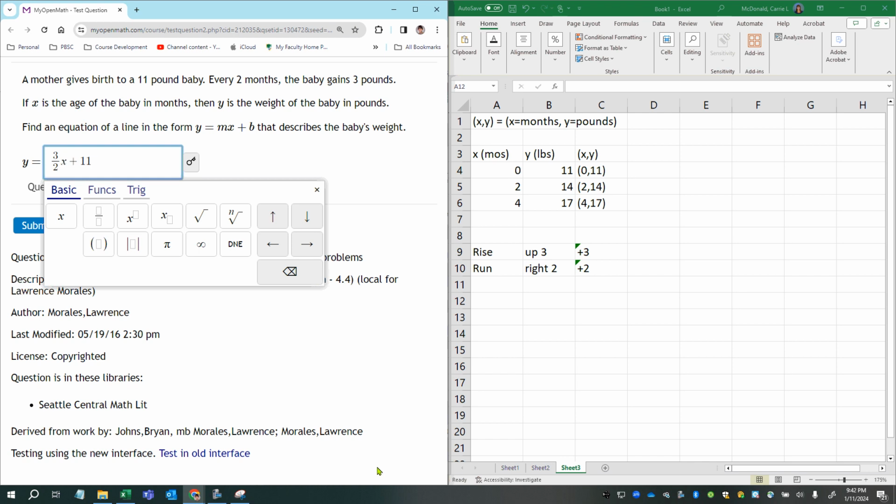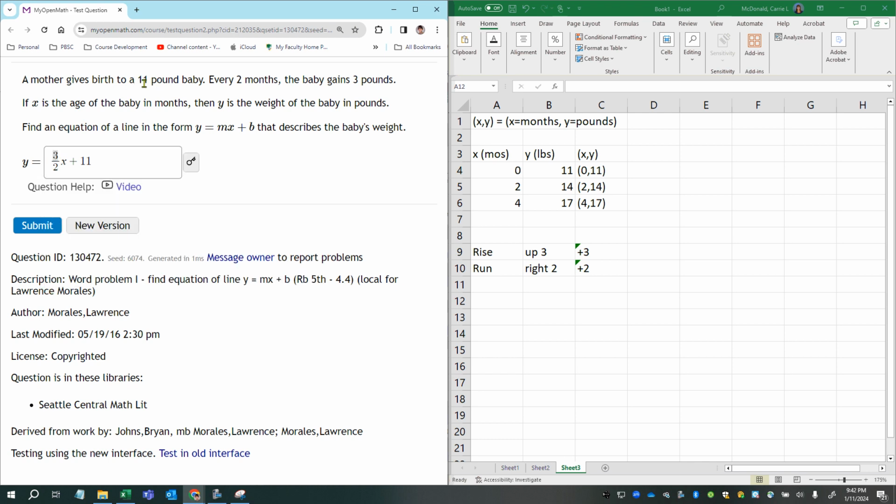Okay. You can also notice that if the pounds are the rise, because it's the y, right? Y is the weight of the baby in pounds, and y represents the vertical position, right? So whenever we're thinking of rise, we're thinking of y.